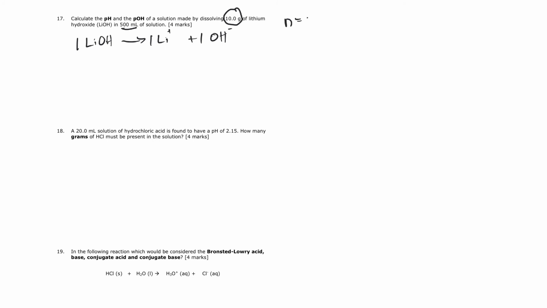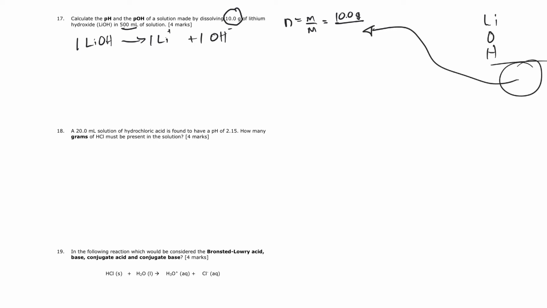So I'm going to use this formula, mass over molar mass, 10.0 grams, divided by the molar mass of lithium hydroxide. So I need a lithium, an oxygen, and a hydrogen. Add those numbers up. That number comes in right there. And that'll be your moles of lithium hydroxide. Then I'd figure out the concentration of lithium hydroxide, moles over volume.